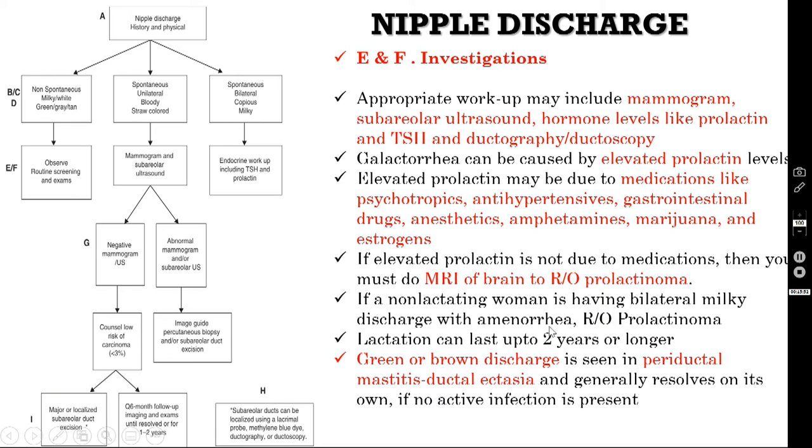Lactation can last up to even 2 years or even more than that. Green or brown discharge is seen in periductal mastitis, also known as ductal ectasia, and generally resolves on its own. You need not do anything. If there is no associated active infection, usually it resolves on its own.